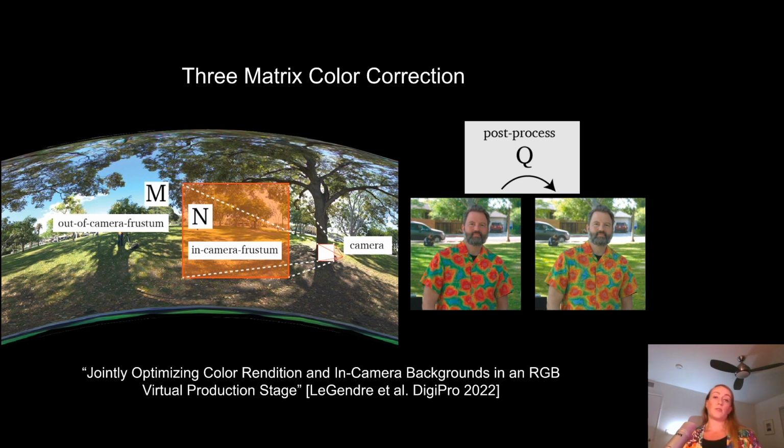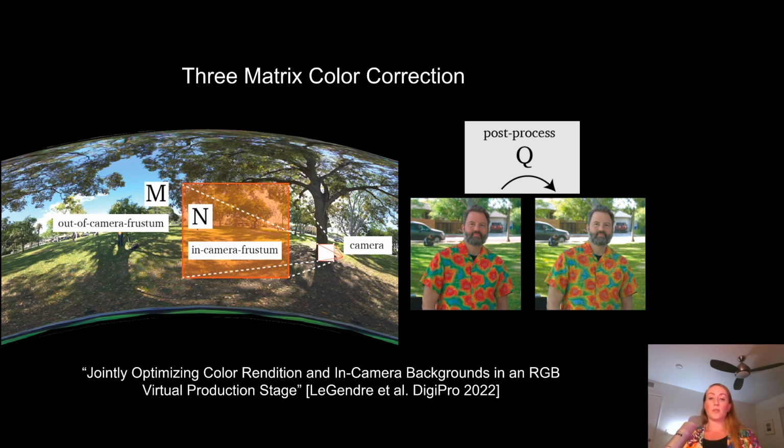This is the same matrix that's used by today's in-camera VFX calibration workflows, so the primary based method I showed before. Matrix N, as in norm, transforms pixel values of the content to pixel values shown on the LED panels inside the camera frustum. And finally, the matrix Q transforms pixels recorded by the studio camera to the final pixels to be displayed on the set and then sent to editing.